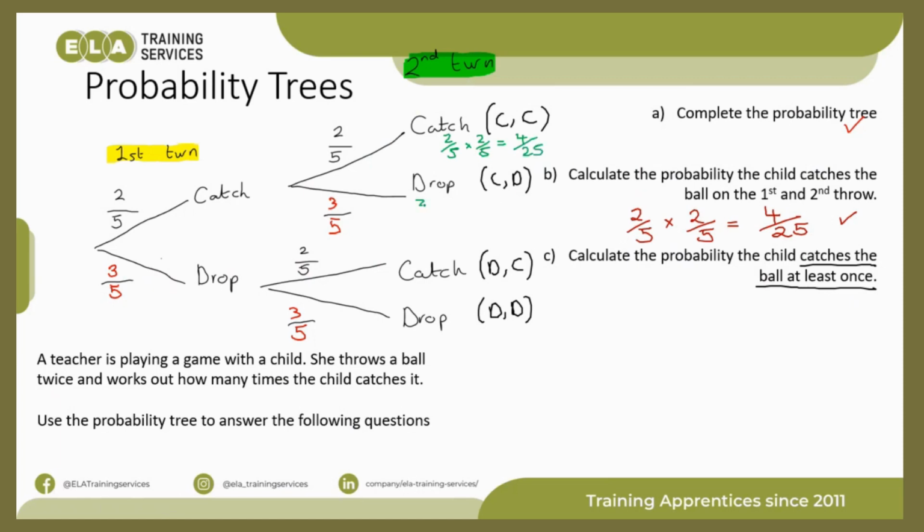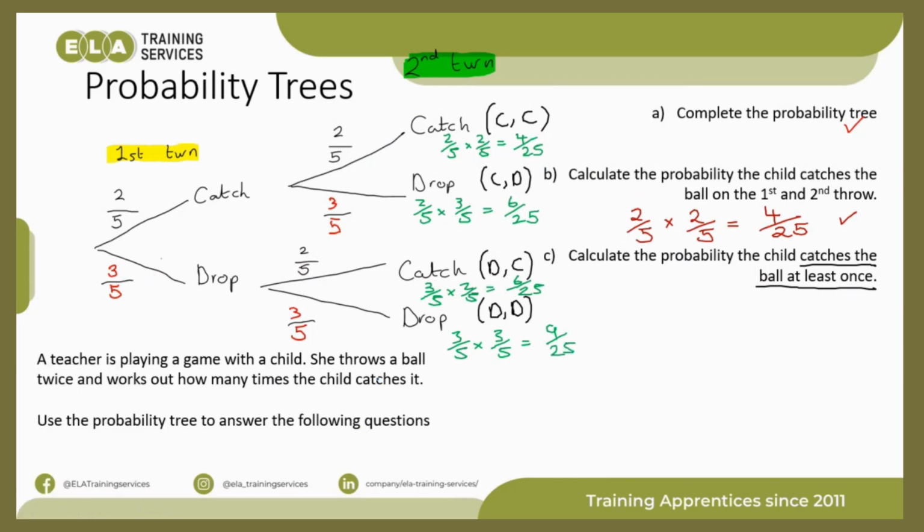Catch, drop, so 2/5 times 3/5 is 6/25. Drop, catch is 3/5 times 2/5, which is 6/25. And then drop, drop is 3/5 times 3/5, which is 9/25. Okay, we have now done that step.